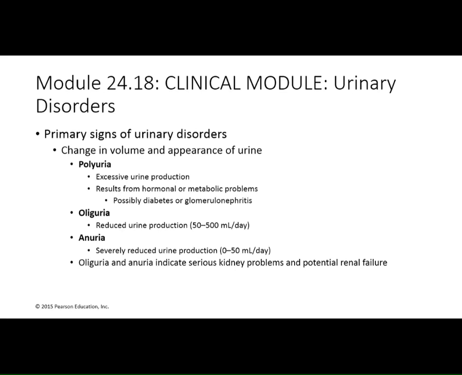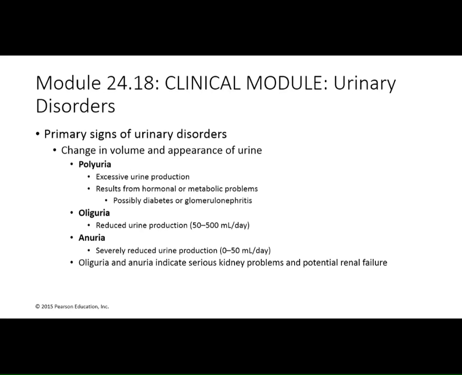We're talking less than 500 mils a day. Remember that 500 mils, back to day one, lecture one, 500 mils is your obligatory water loss. You've got to be putting out 500 mils a day in order to maintain your homeostasis and your overall metabolism. So less than 500, you've got an issue. You've got a reduced flow, oliguria.